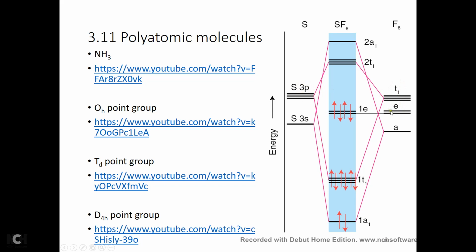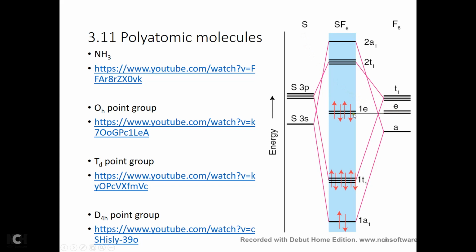And then we have this E symmetry. I think this is Eg symmetry. It can actually interact with the 3dz² and 3dx²−y² orbitals of sulfur.